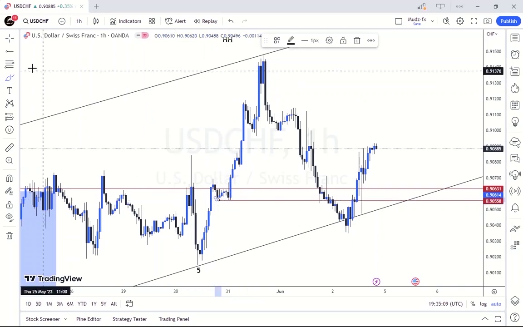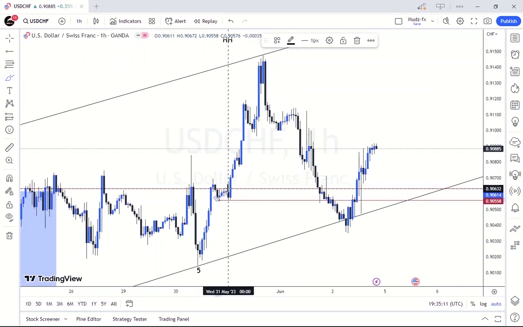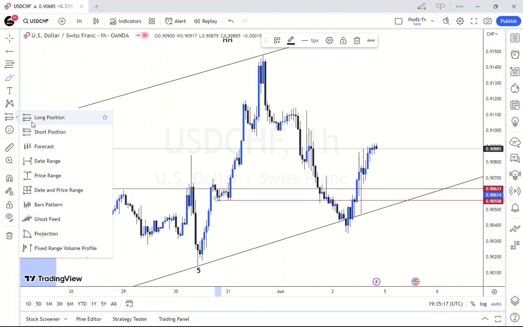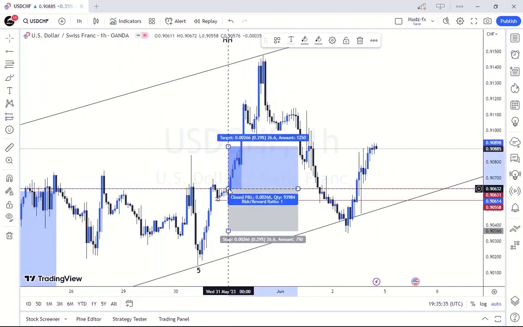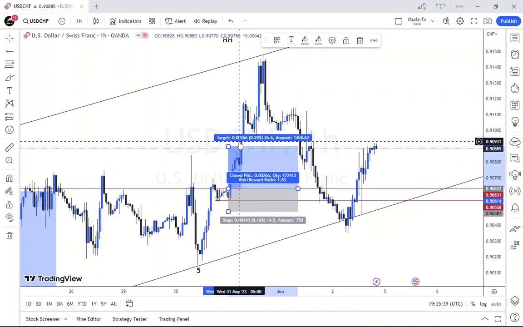Then it came back in the second touch, then it broke this resistance. Then for you, this will be a good entry, right? Just because on H4 time frame, the market is moving inside an uptrend, right? It's respecting this trend, it's respecting this uptrend, right?